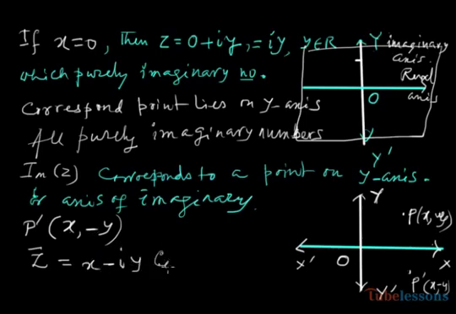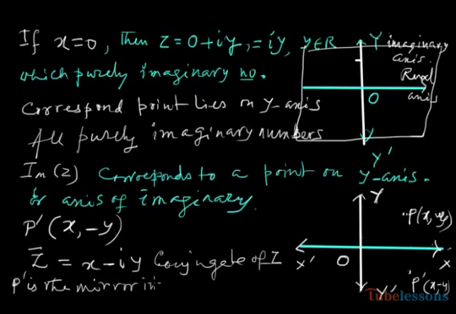This is the conjugate of Z, and this is also the mirror image of P on the real axis.